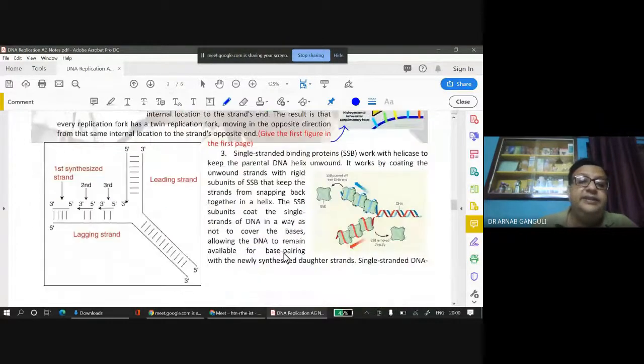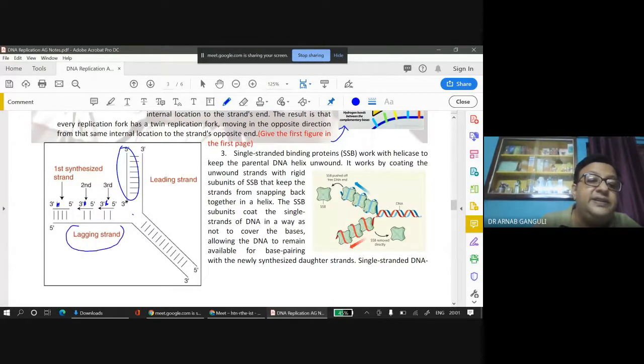And this is এই যে পাঁচটা দেখাচ্ছি 5 prime to 3 prime. হ্যাঁ, এখানে this is the leading strand. This is the first synthesized strand, second synthesized strand, third synthesized strand. এটা খুলছে. This is the lagging strand.